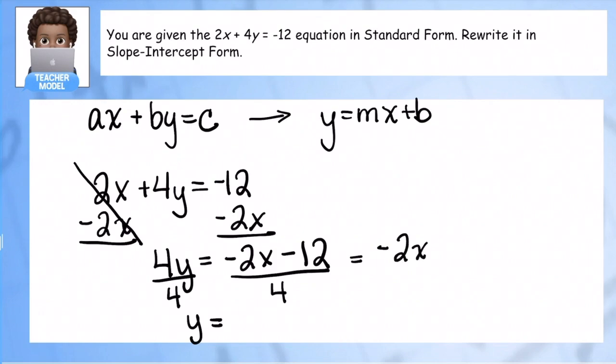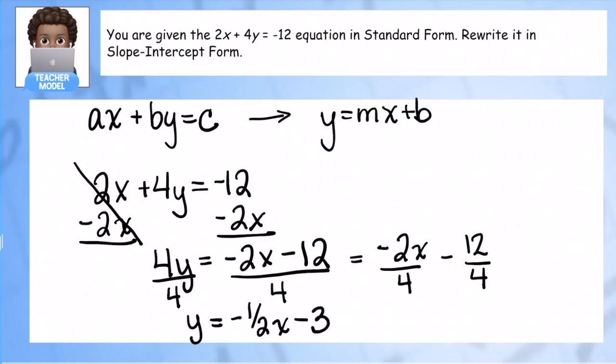So negative 2x divided by 4 minus 12 divided by 4. This may make it easier for you to see what's going to happen. All right, negative 2 over 4, I'm going to simplify that to negative 1/2. So that's negative 1/2 x. And 12 divided by 4 is 3, so negative 3.